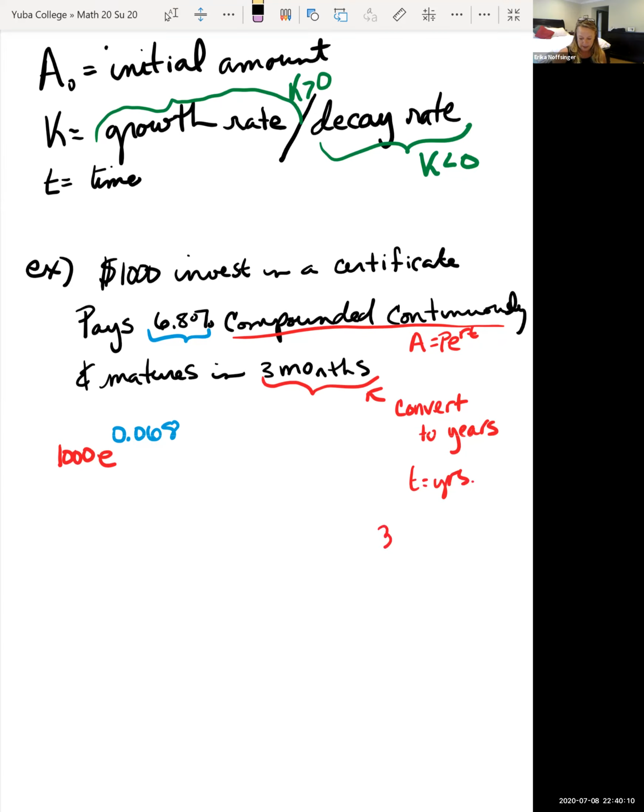I know there are 12 months in 1 year, and I need these to cancel. So this is 3/12 of a year, which is 1/4 of the year, or in decimal form, 0.25. Okay, so my t is 0.25. So this is just that amount for the first 3 months.